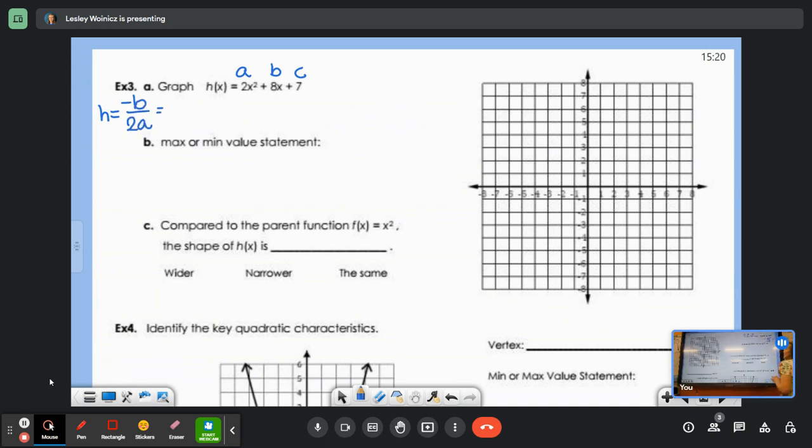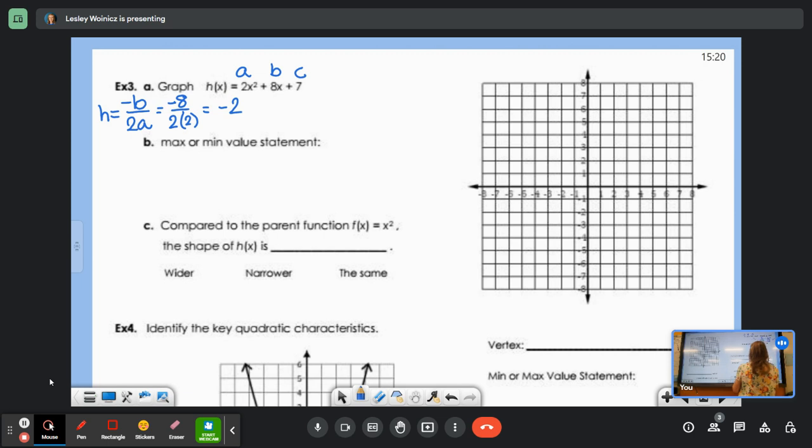Okay, so if our b is 8, negative b is -8. Our a is 2, so we've got 2 times 2, which is 4 on the bottom. -8 divided by 4 is -2.